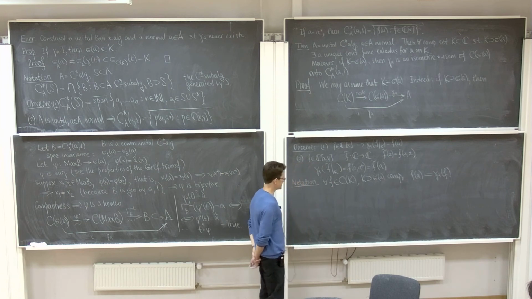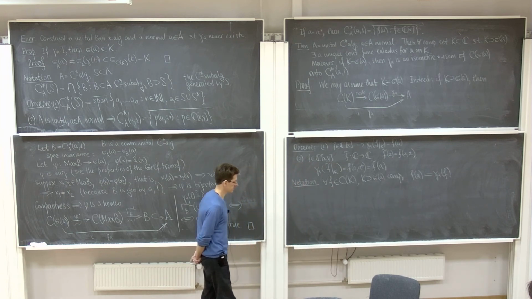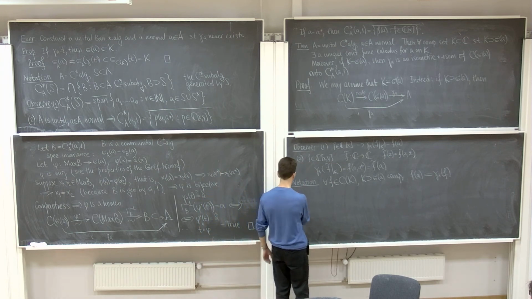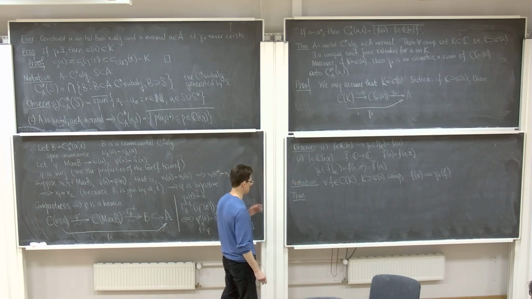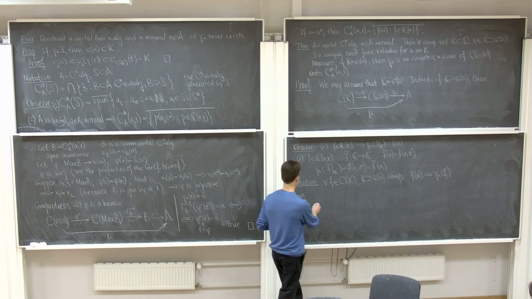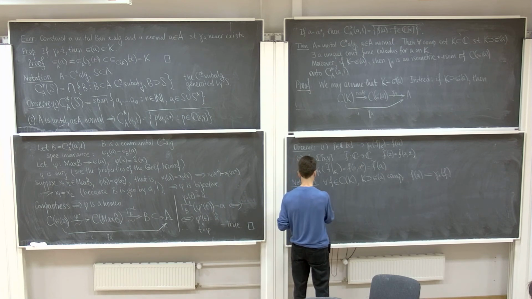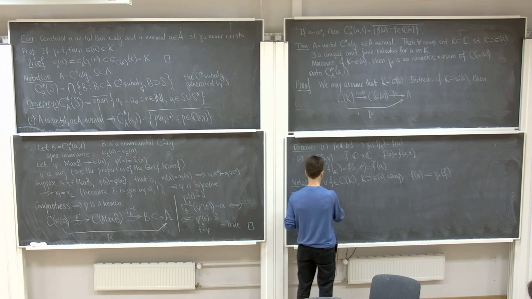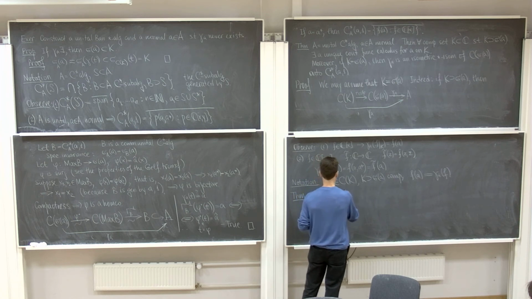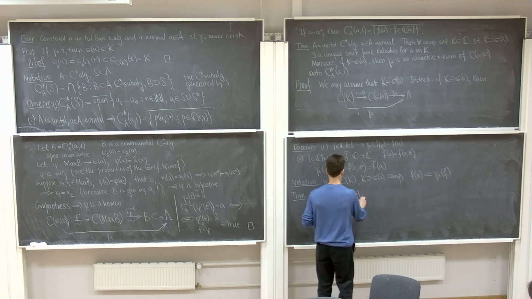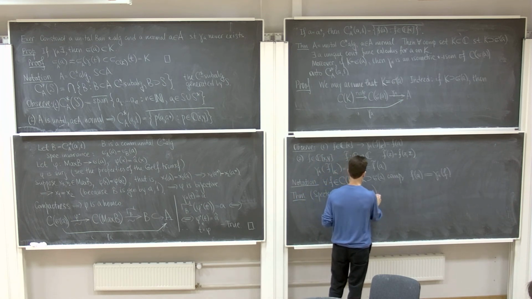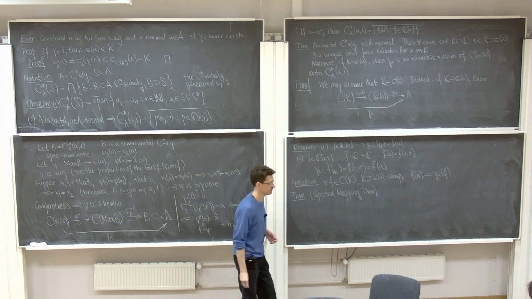Okay, let's now look at some basic properties of the functional calculus. The first property is the spectral mapping theorem. In Russian, теорема об отображении спектра.